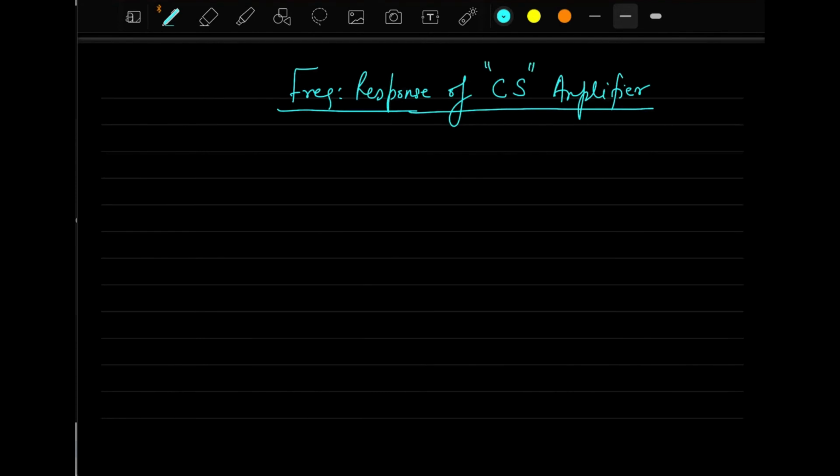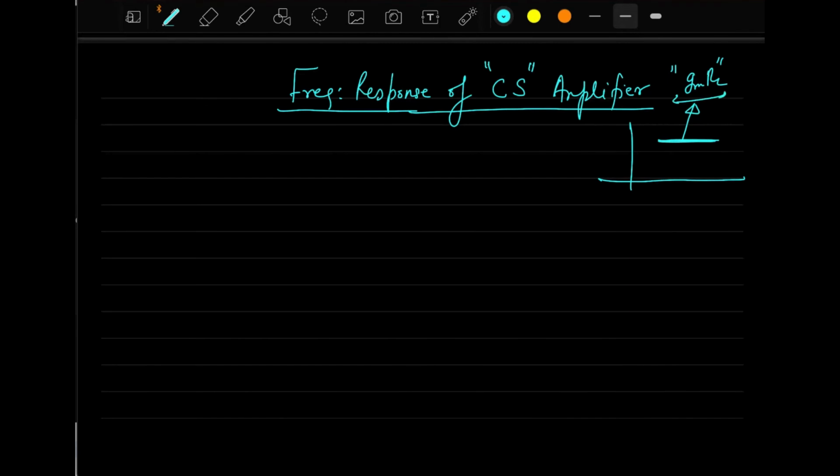For this common source amplifier we know that the midband gain is gmRL, which you have already calculated many times. Depending upon the configuration of the common source amplifier this midband gain can be different, but for the simple case it is gmRL.